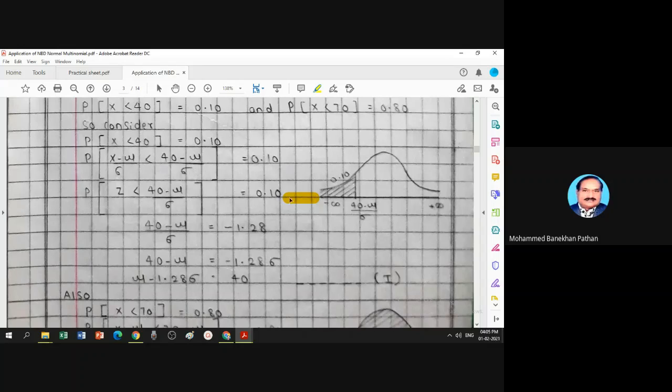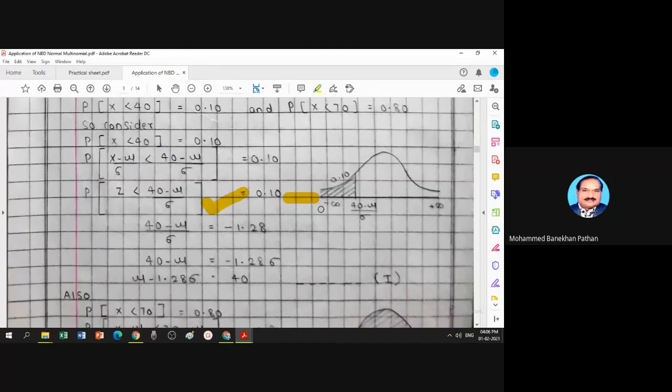So I start from the left and stop at the value where I get the probability 0.10. This is my line up to which the probability 0.10 comes from the left side because it is below. So this is the location for 40 minus mu by sigma as per this statement.